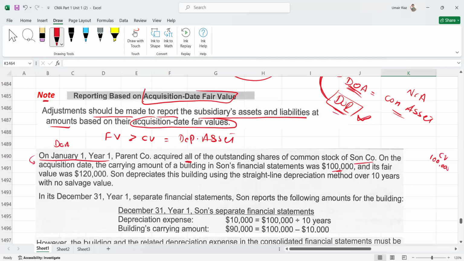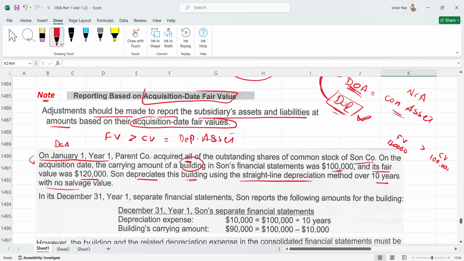This is the carrying value, and its fair value was 120,000. So fair value is greater than carrying value, and this is a depreciable asset because it's a building. S depreciates this building using the straight-line method over 10 years with no salvage value.